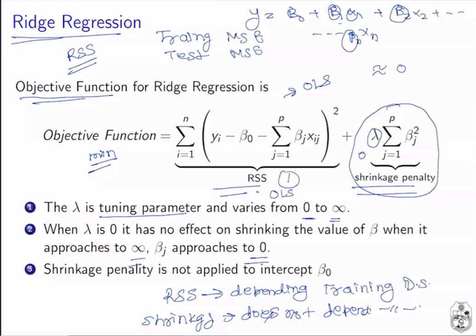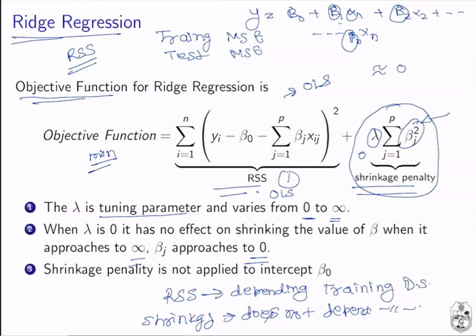And concentrate here on the shrinkage penalty. Here we are taking the square of individual coefficients like beta 1, beta 2, beta 3, beta 4, and we are not taking the square of beta 0. Beta 0 is the y-intercept. We are taking the square of beta 1 to beta n.